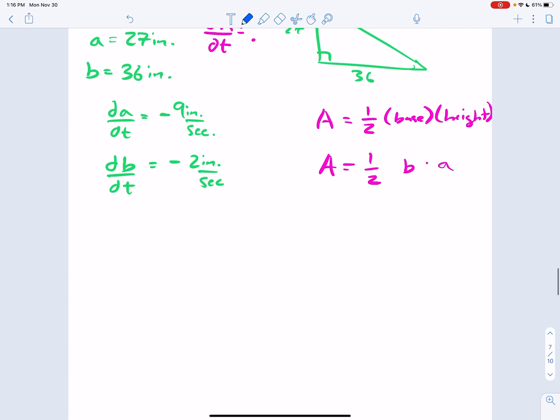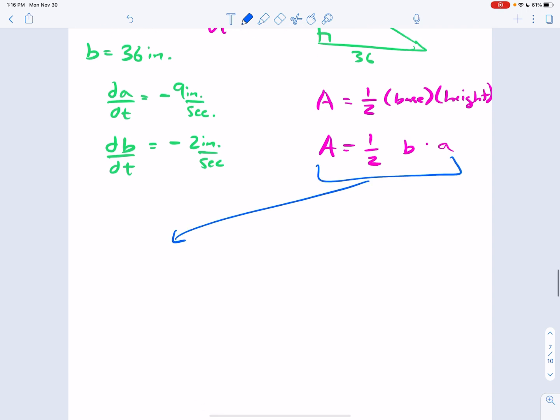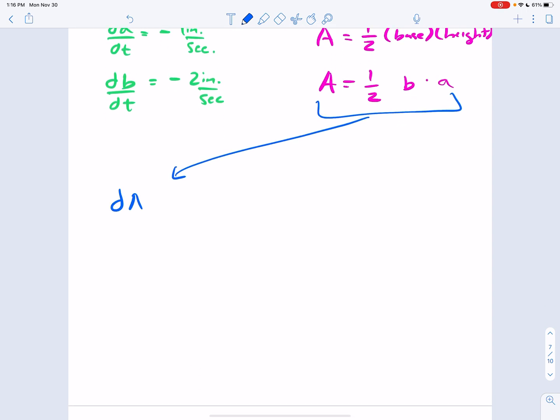The differential here is going to be dA equals 1/2 is just a coefficient. Now BA is a product, so we're going to have to apply the product rule. Okay, pause here if you'd like to try it on your own, or if you want to just see how far you can go. Okay, and press play whenever you're ready.